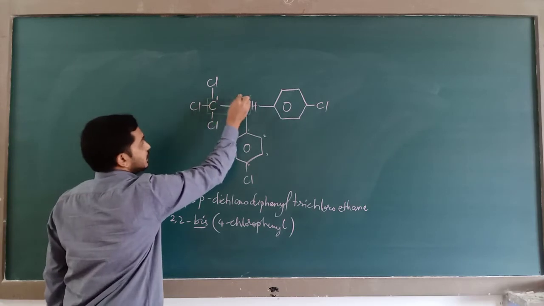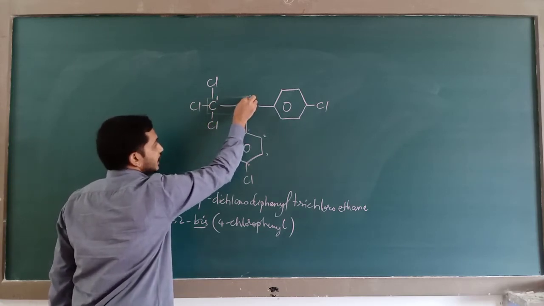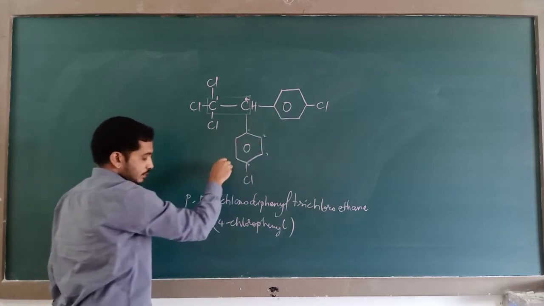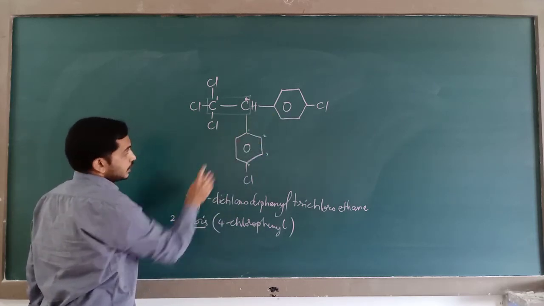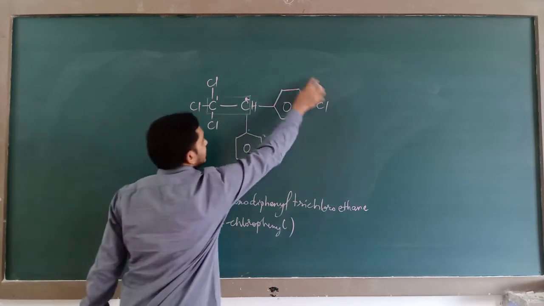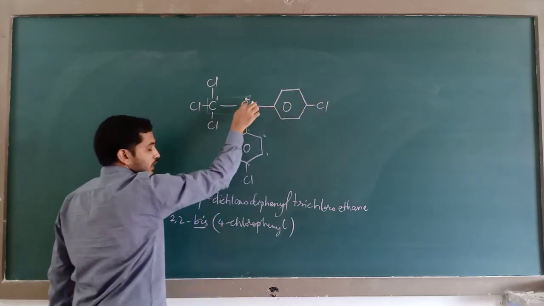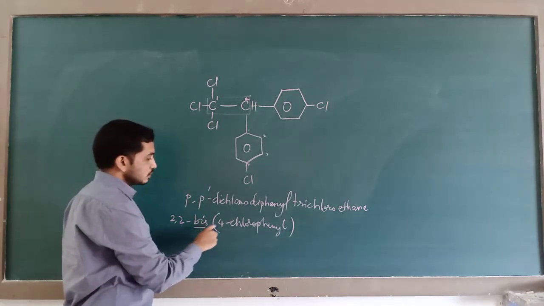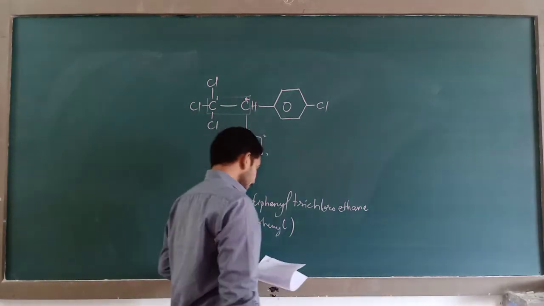This is first carbon, this is second carbon. On second carbon you have 4-chlorophenyl twice. So 2,2 means one ring with respect to second carbon, the other ringed structure with respect to second carbon, therefore 2,2. Bis stands for twice, 2,2 bis 4-chlorophenyl.